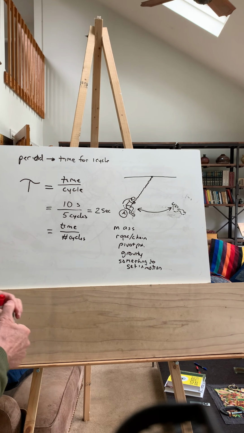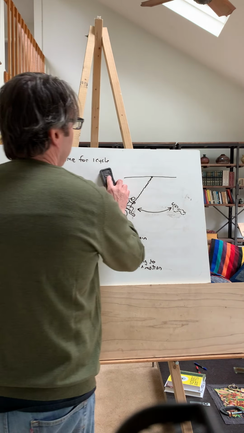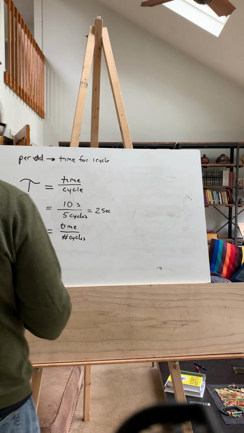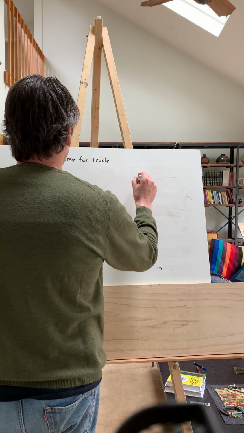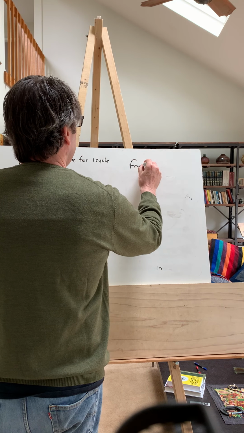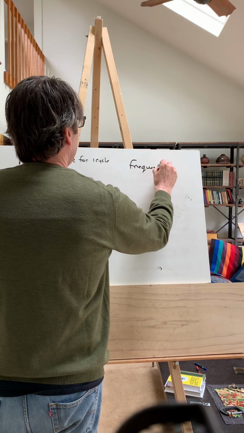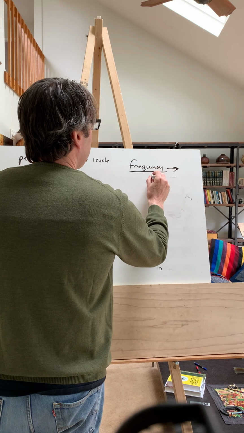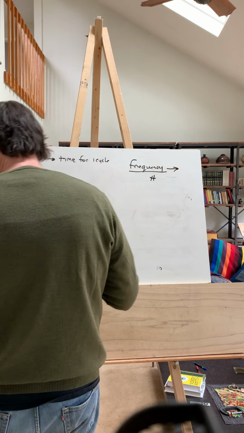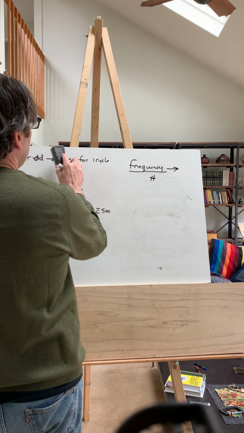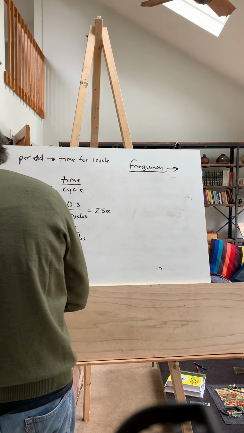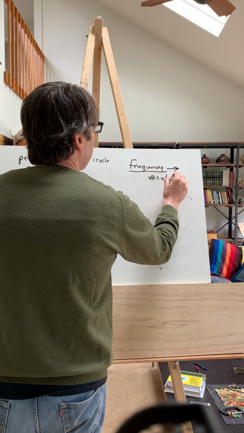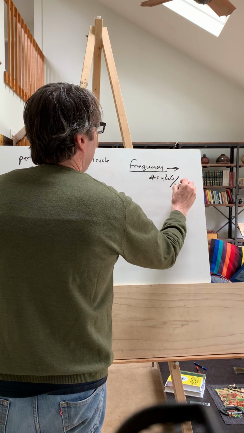Now we have a second quantity, which we call frequency. And frequency is the number of cycles per unit time.